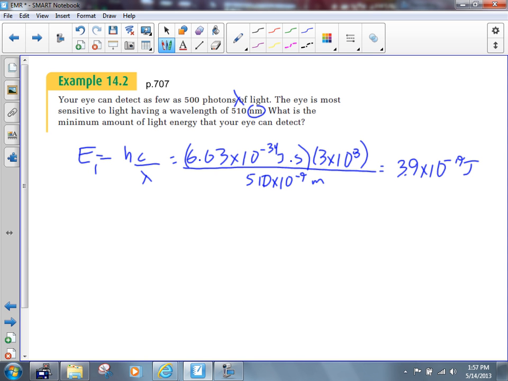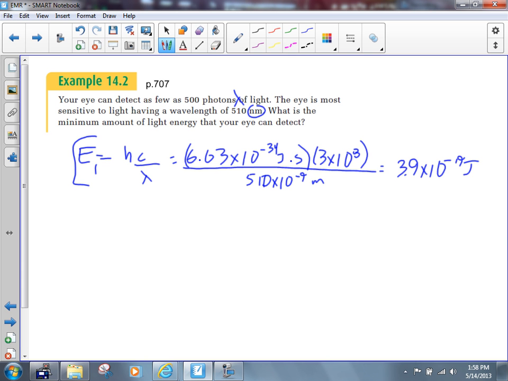Now, if our eye needs 500 photons in order to see it, and if 495 photons strike our eyes, we can't detect it. Then what do we have to do with this energy of one single photon to get the total amount of energy? How much energy does our eye need to detect if we need 500 of these photons? What are we going to do?